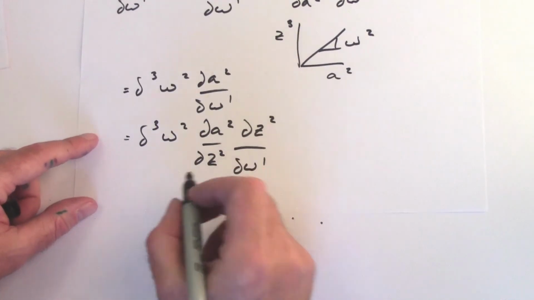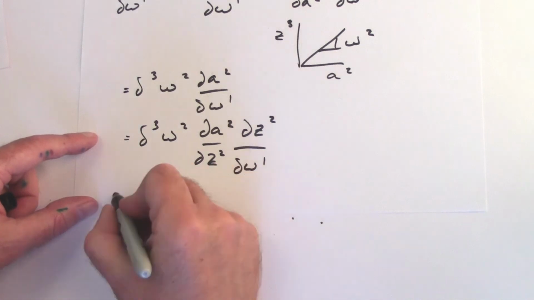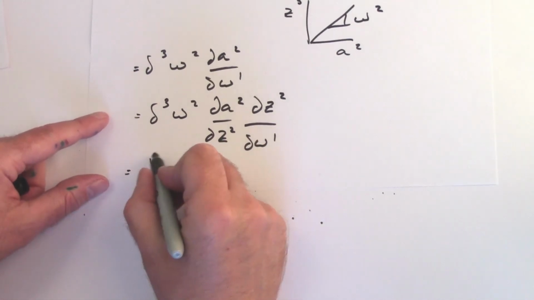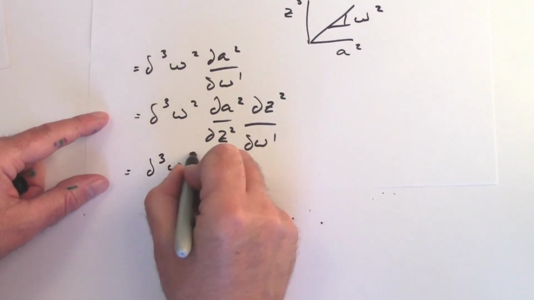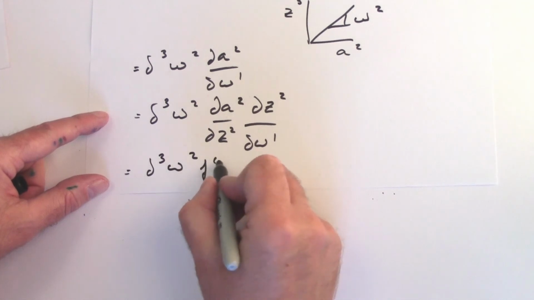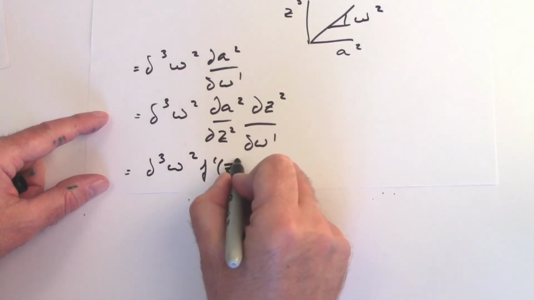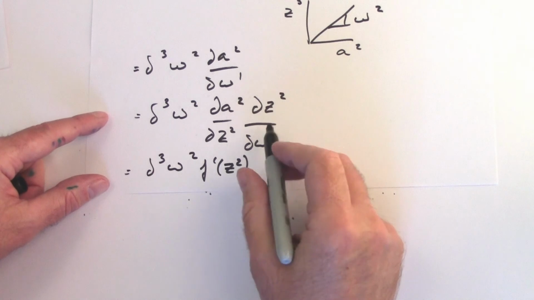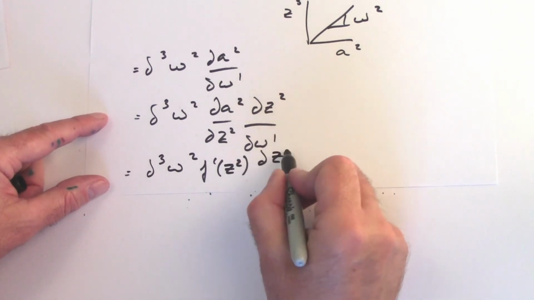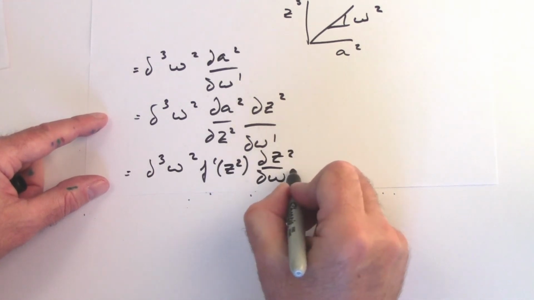So that comes to function of Z2 now, differential, and we're left with a dZ2 by dW1.